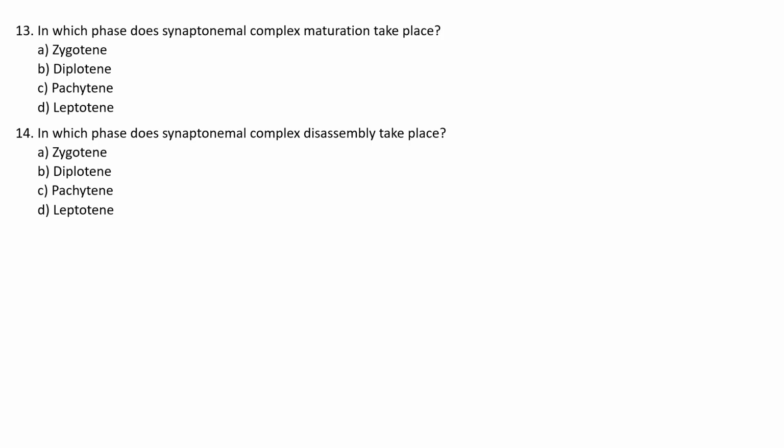People are saying B, and that is correct. So it is diplotene, moving into diakinesis. In both of these phases you have disassembly of the synaptonemal complex. It's very important that it happens on time such that the cells can align properly later on. So loading in zygotene, maturation of the complex in pachytene, and disassembly in diplotene, and to some degree also in diakinesis.